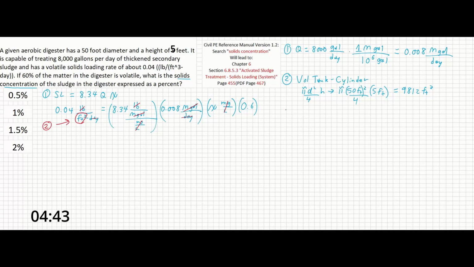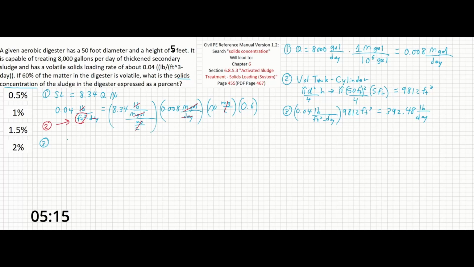Updating the equation here, therefore, we can see 0.04 pound per cubic foot day times 9812 cubic feet is going to give us 392.48 pounds per day.